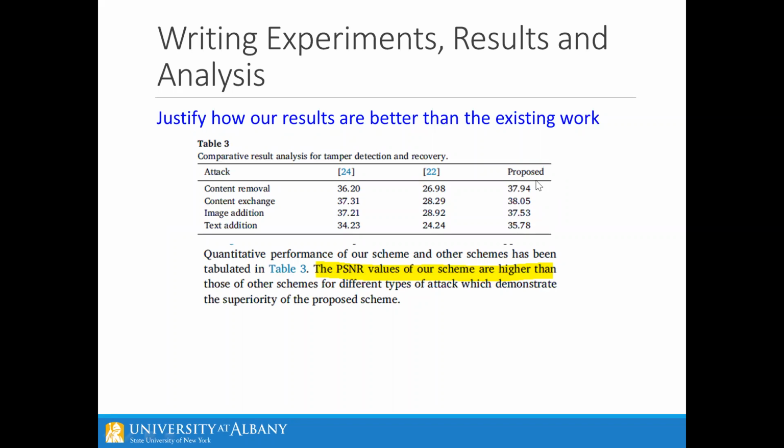However, with the proposed solution, we got these numbers. Okay, and therefore we can say that the quantitative performance of our scheme has been tabulated here, and it shows that this particular parameter for our scheme is higher than existing schemes. So that would show some sort of a comparison between different methods and your proposed work.